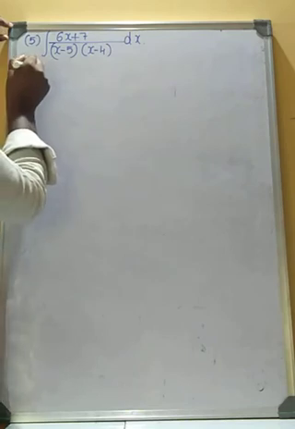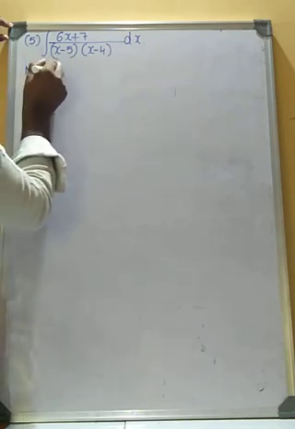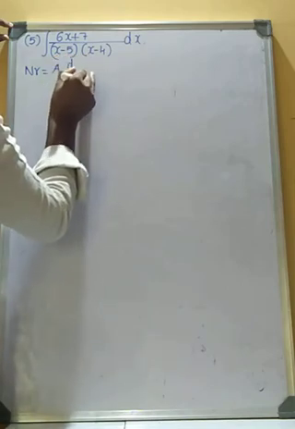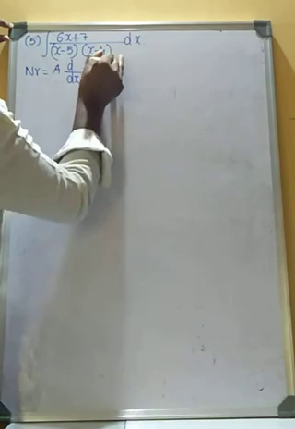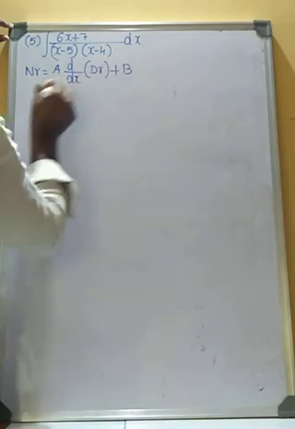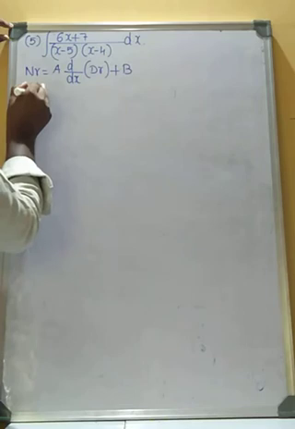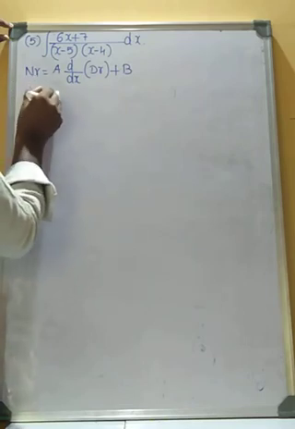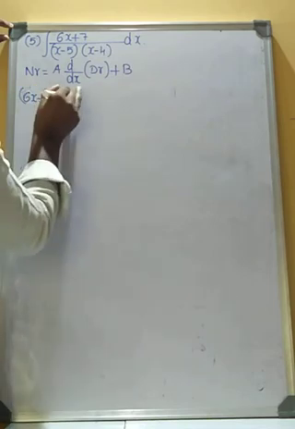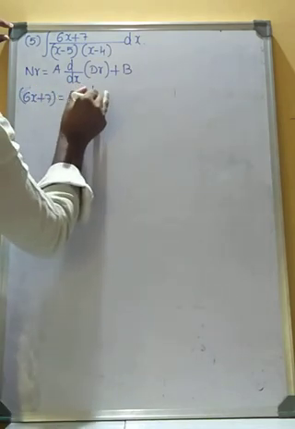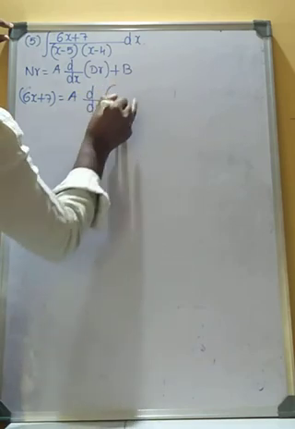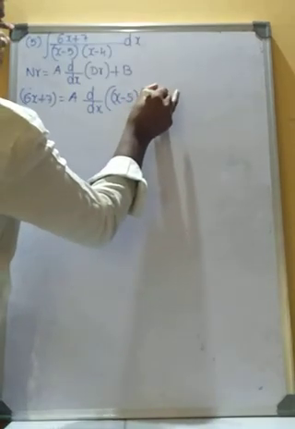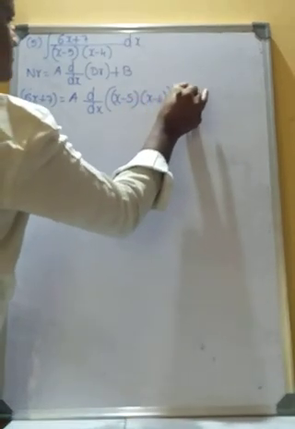Here also let the numerator equal a into d by dx of the denominator plus b. The numerator is 6x plus 7, equals a into d by dx of the denominator, x minus 5 into x minus 4, plus b.